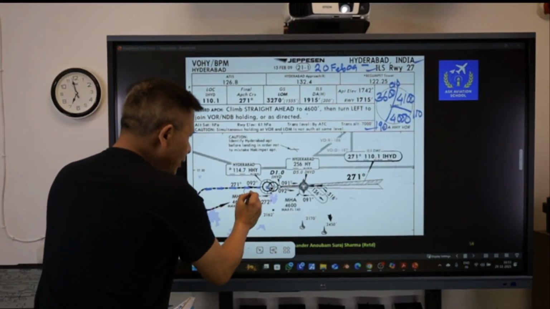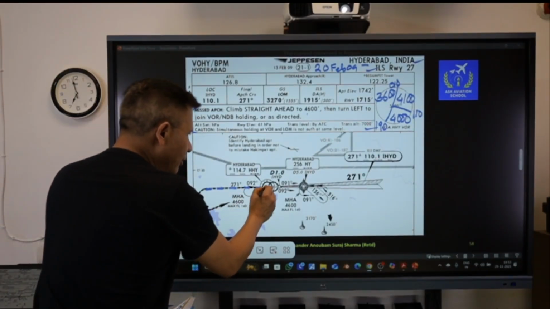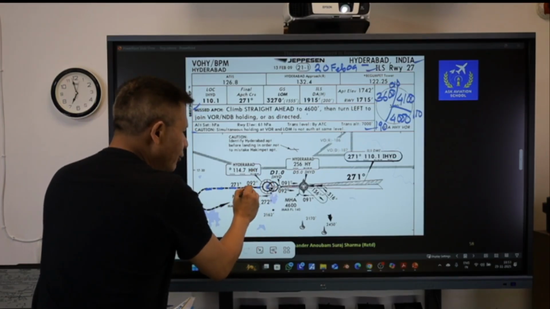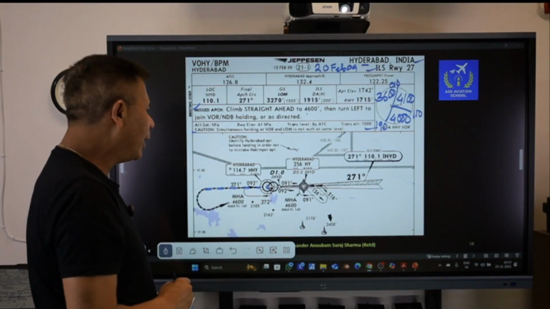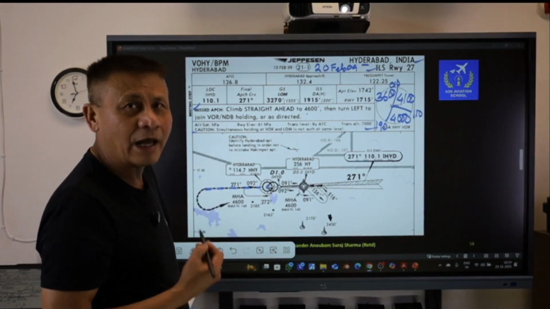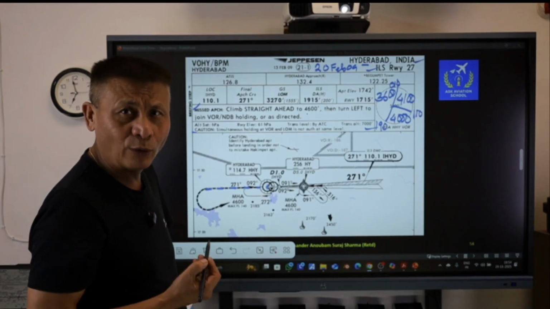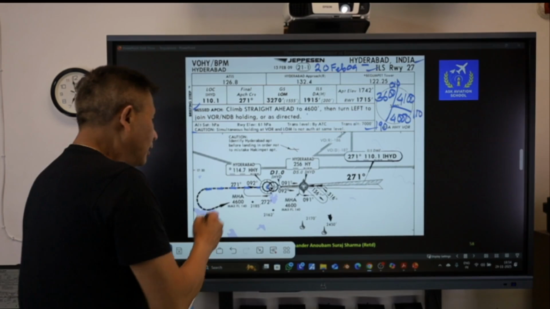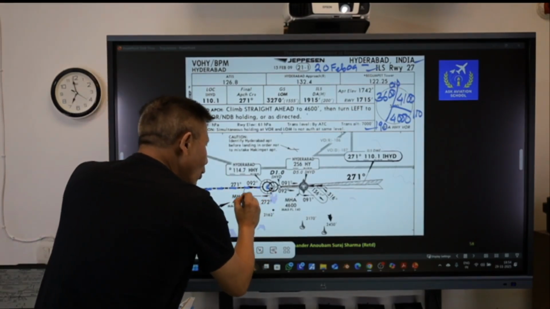Here, if you see the inbound of this VOR holding, this is the VOR which is designated by this symbol, and the inbound is 092, whereas the outbound is 272. So now, depending upon the inbound and the direction from which I am coming, I have to follow certain procedures. Now, let's have a look at this. This is what we call a hold.